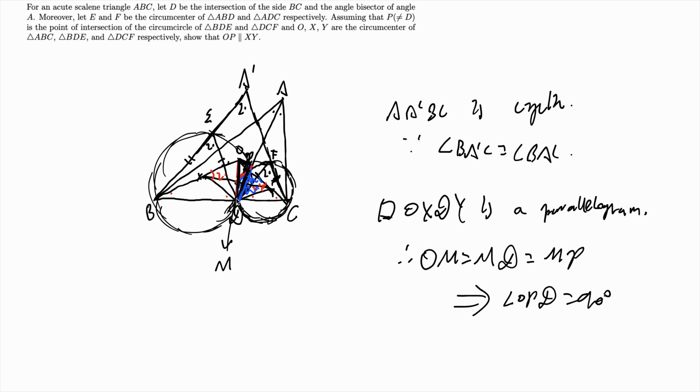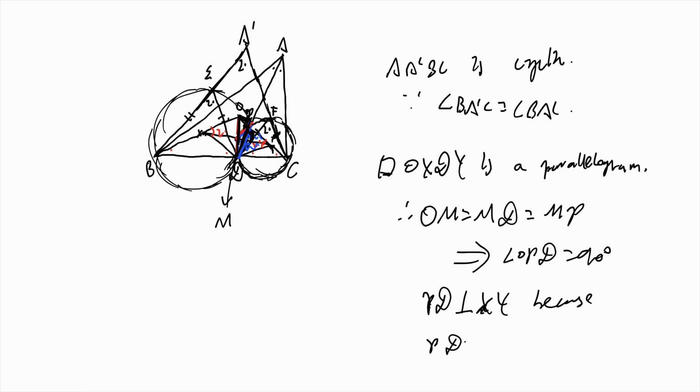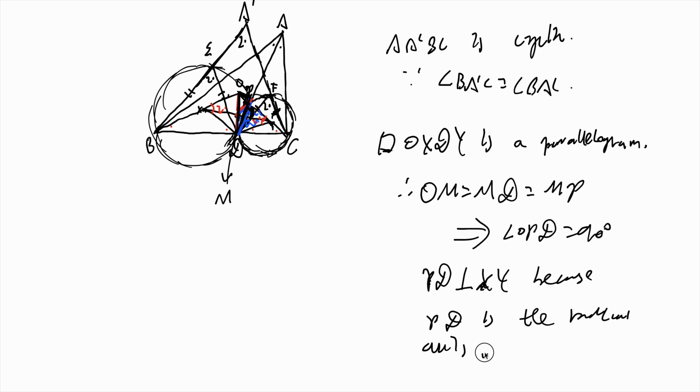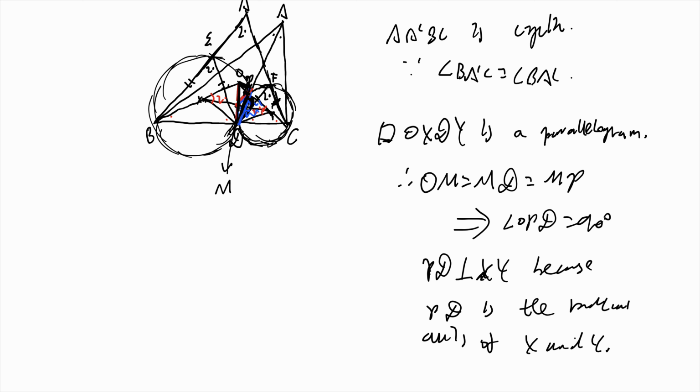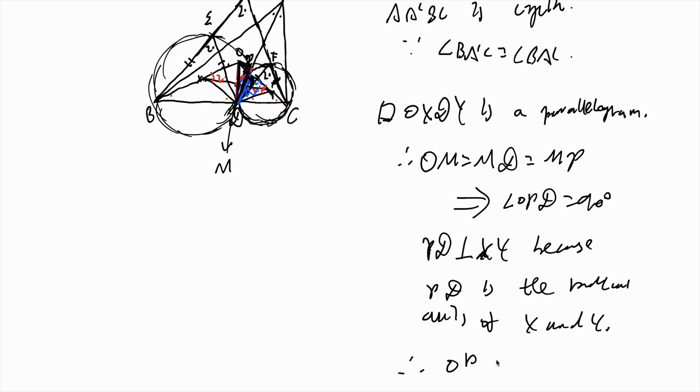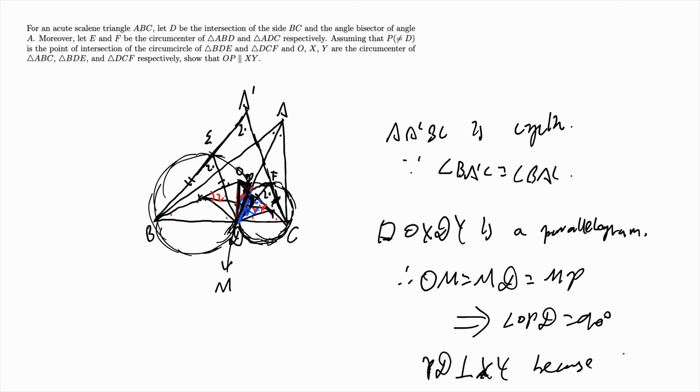But also notice that XY and PD is also 90 degrees, because, I'll write it, PD and XY, because PD is the radical axis of X and Y. Therefore, OP is parallel to XY. And that completes the proof.